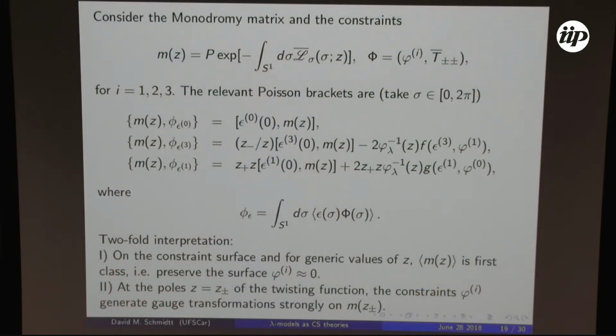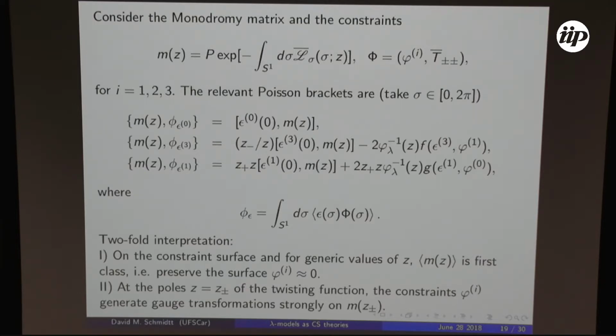So let's consider the monodromy matrix that is constructed with this extended lax operator and the constraints that we have gathered into this big phi. The three phi, a small phi, and the T plus plus, T minus minus. So if I compute the Poisson brackets just for the phi, I found this answer.